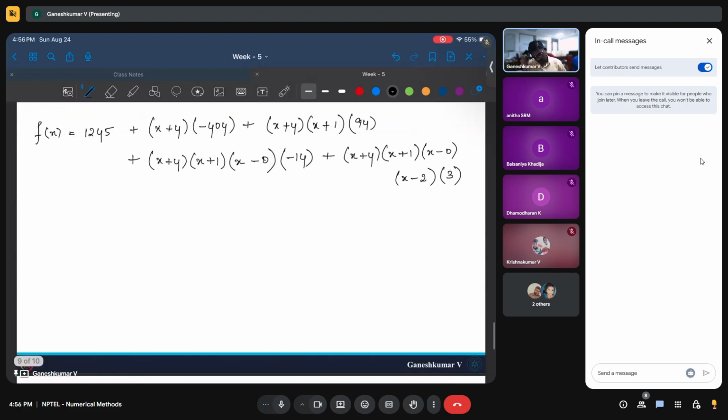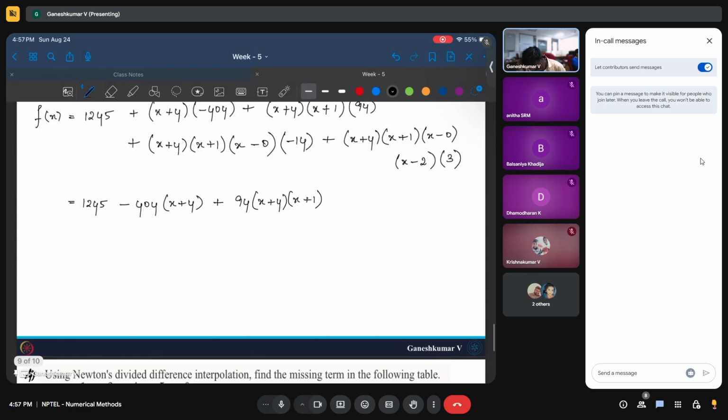All right, so now we need to simplify this. Let's try to simplify this. 1245 plus, I'm not going to simplify a lot, 404 into x plus 4, plus 94 into x plus 4 into x plus 1, and then minus 14x into x plus 4 into x plus 1, then plus 3x into x plus 4, x plus 1, and x minus 2.